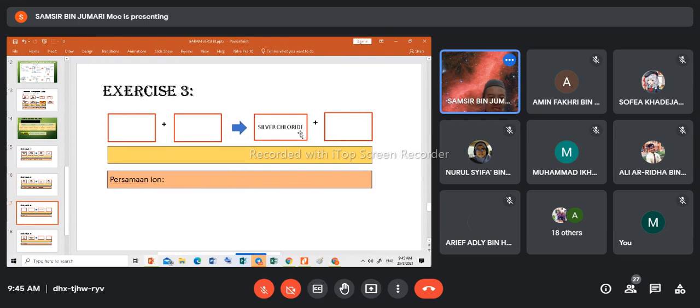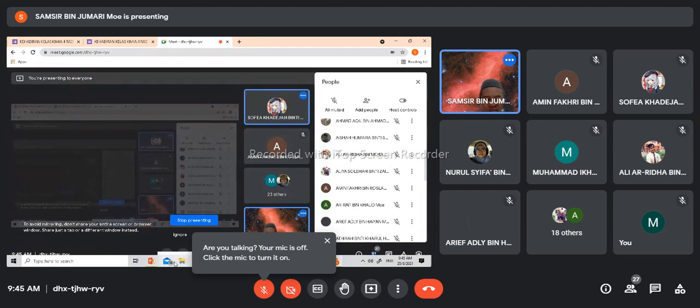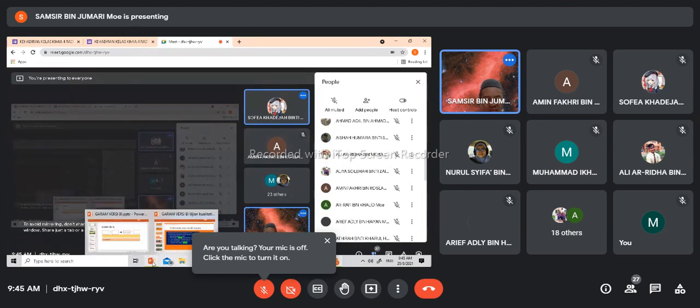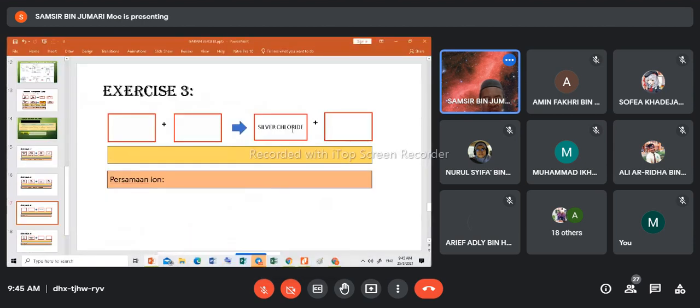Okay, cubalah lagi satu ni. Silver chloride. Okay, silver chloride. Atira, boleh cuba ni soalan ni. So, what are the reactants should be used to prepare or to produce the silver chloride salts? Okay, kat sini.